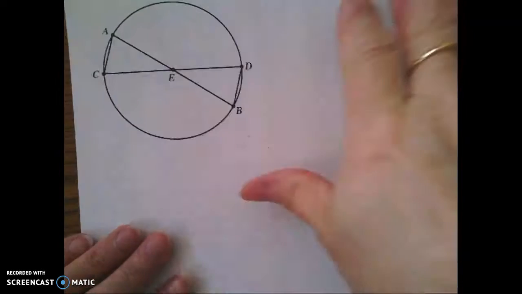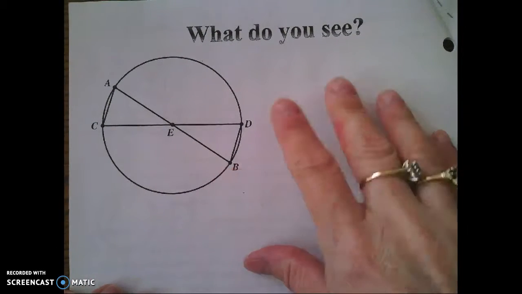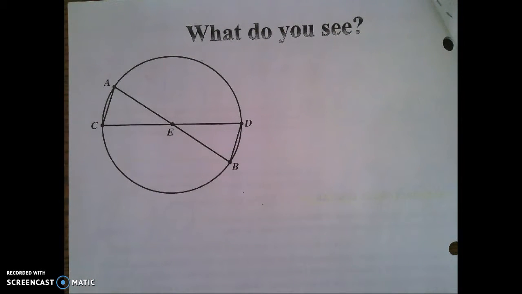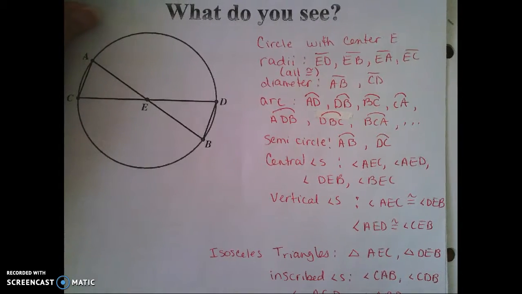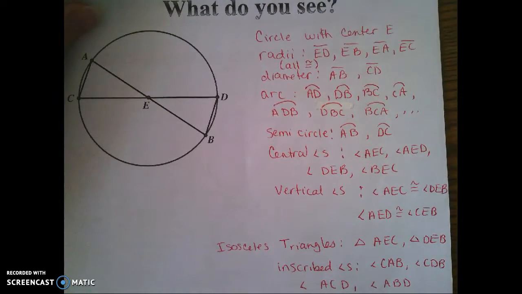All right, the last thing was for you to look at this and just note all the different items that you see. There's all sorts of items in there. If you want, you could check out my answer key online. These were all items I noticed.